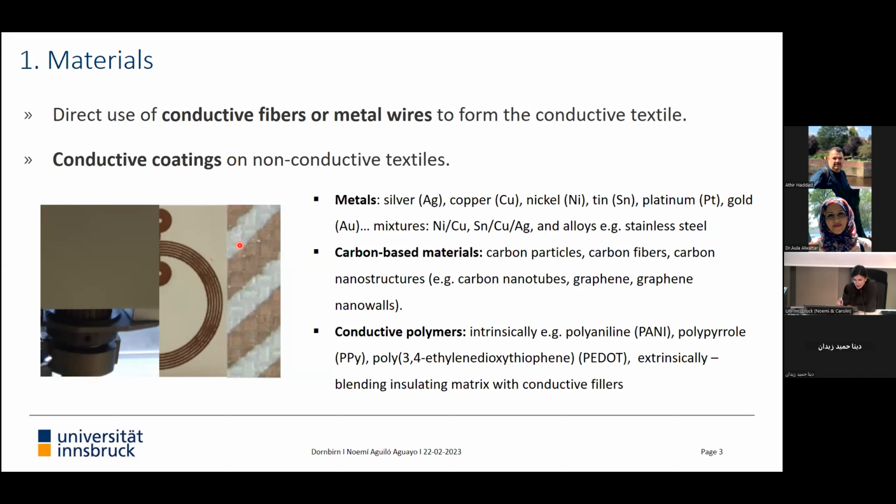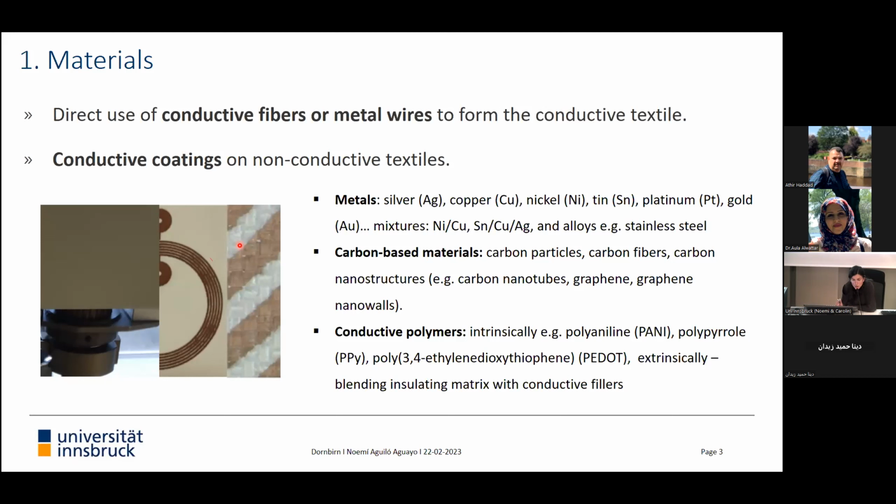The third material is conductive polymers. There we can find two groups: the intrinsically conductive, which are polymers that are conductive by themselves. These polymers have a special chemical structure where you have the combination of single and double bonds.